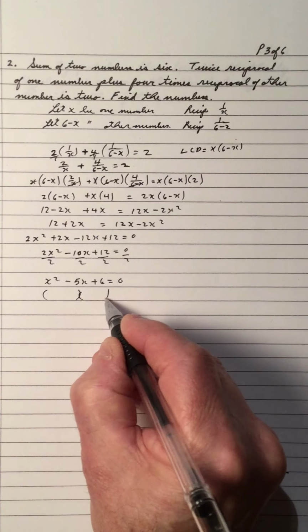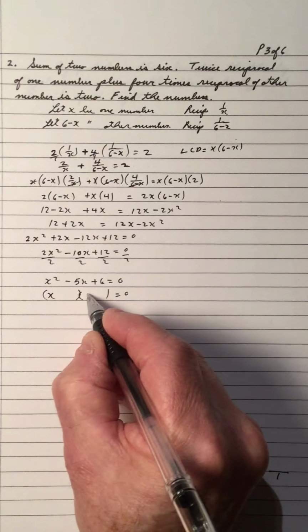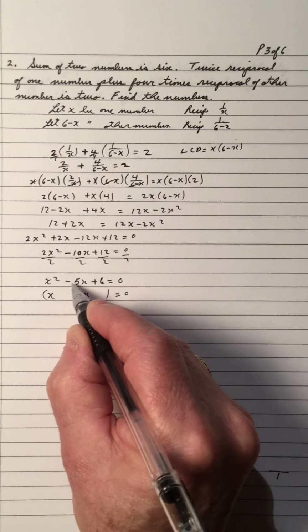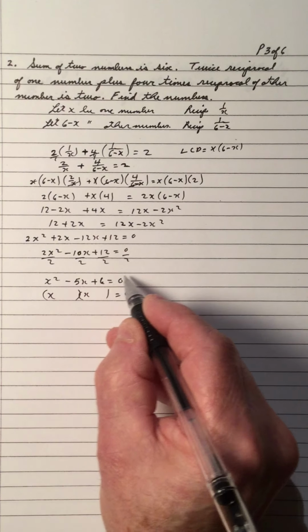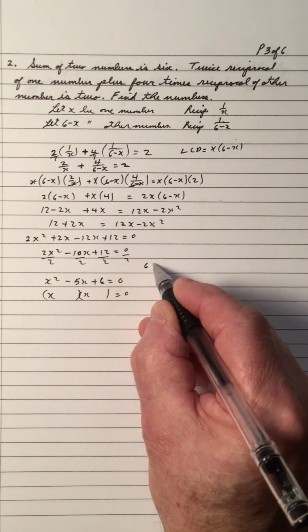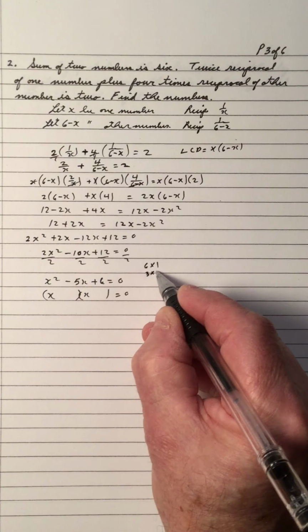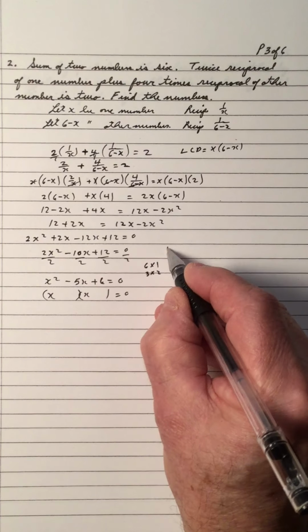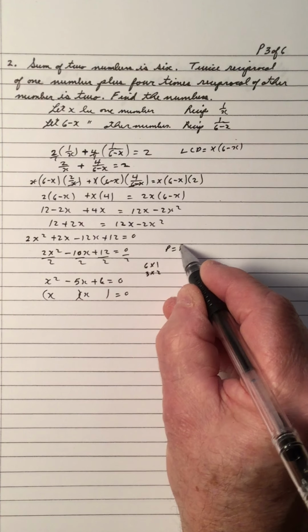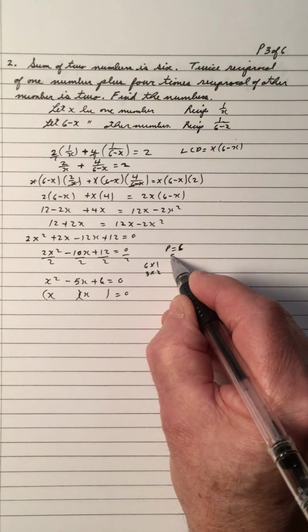And that's factorable. X squared is x and x. Product is 6, the sum is 5, so I can get 6 times 1 or 3 times 2, but the product is positive. Product is a positive 6, the sum is negative 5.